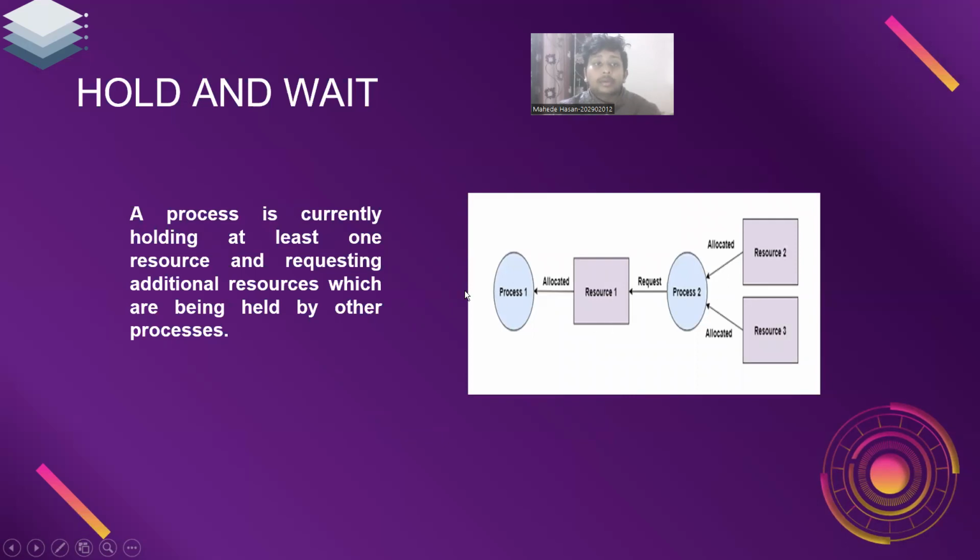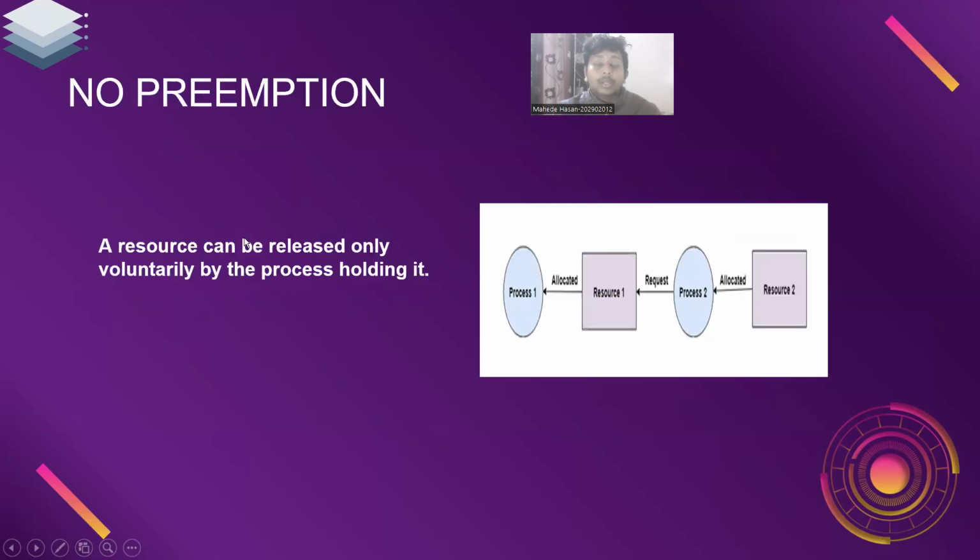Now I will discuss no preemption. A resource cannot be preempted from a process by another process forcefully. For example, if a process P1 is using some resource R, then some other process P2 cannot forcefully take that resource.